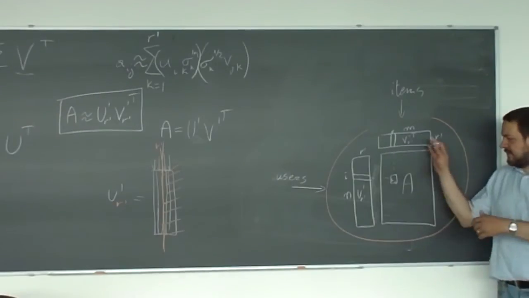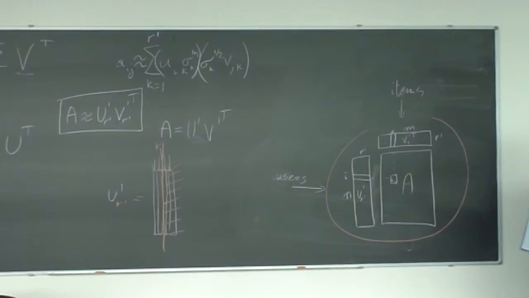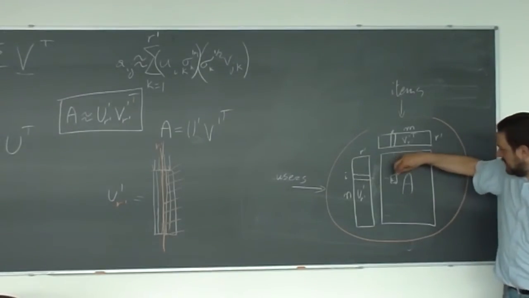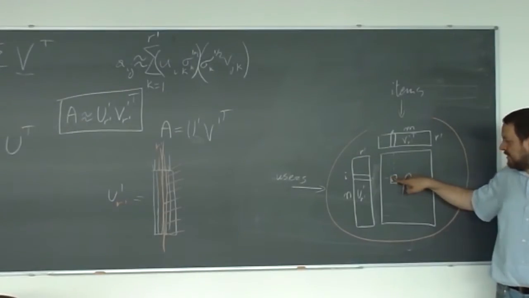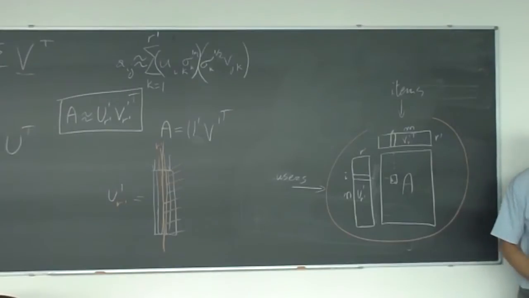Meaning, for example, that this is a movie rating system, a bookseller, or something like that. And this gives a measure of how much user i likes item j. Okay, is the recommender system setting clear to everybody? There should be no particular problem.